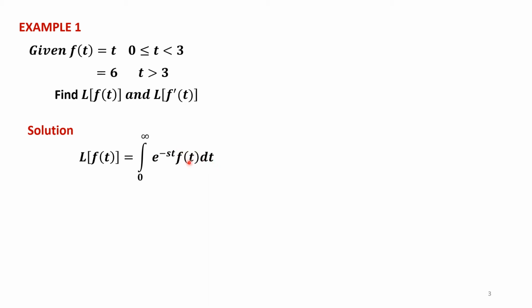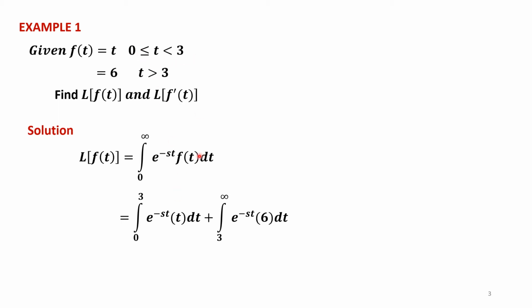Now how is f of t defined? It is defined in 2 different intervals, one is from 0 to 3, other one is from 3 to infinity. So writing this integral 0 to infinity as 0 to 3 plus 3 to infinity.